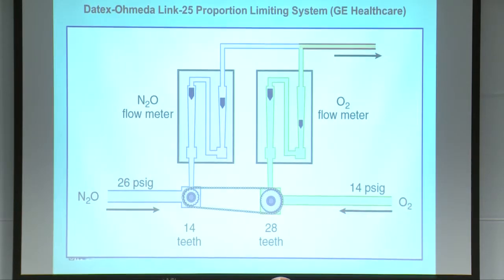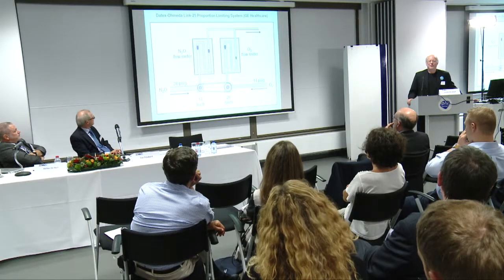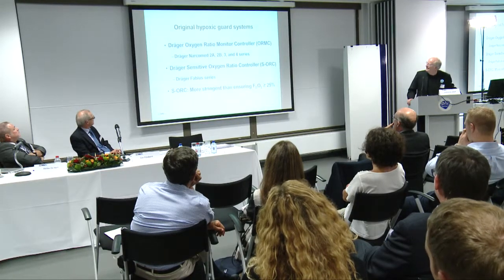And it really was a link. There was a mechanical link between the nitrous oxide rotameter and the oxygen flow meter. So there was a physical link. That's why they called it the Link 25. The technical details on how many teeth these cam wheels have is not really relevant for this talk. It's very nicely described in one book chapter on this, but for us it's irrelevant.